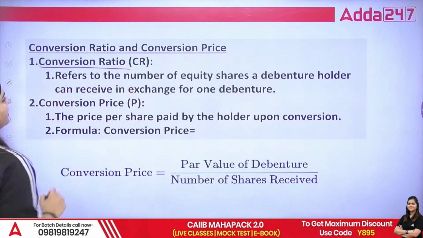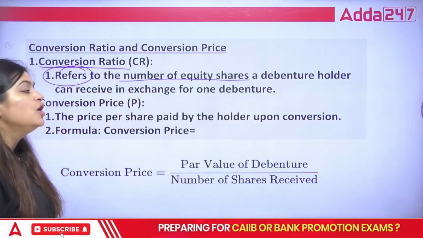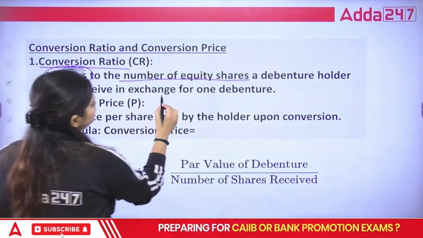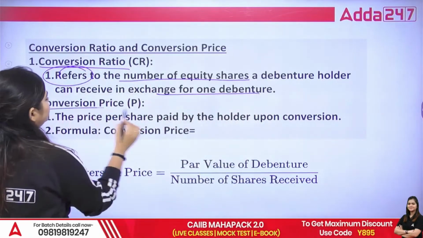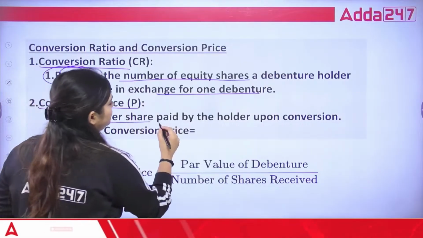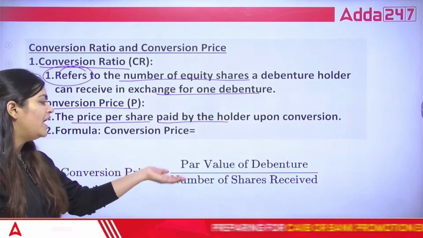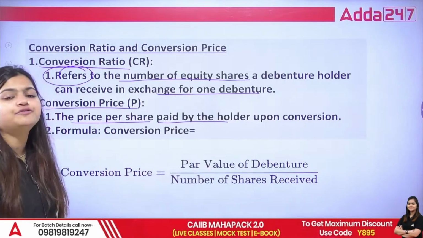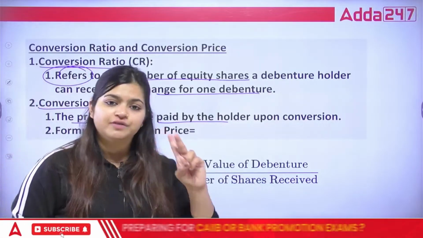Conversion ratio refers to the number of equity shares a debenture holder can receive in exchange for one debenture. Similarly, you have the conversion price per share paid by the holder upon conversion. The formula is par value of debenture divided by number of shares received. So this is about conversion ratio and conversion price.